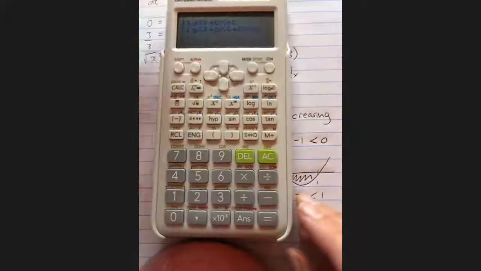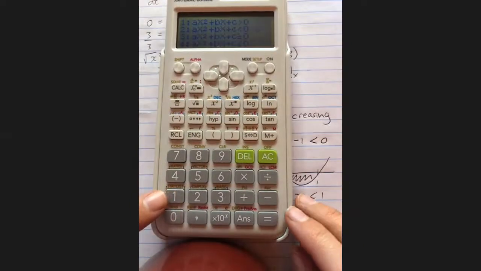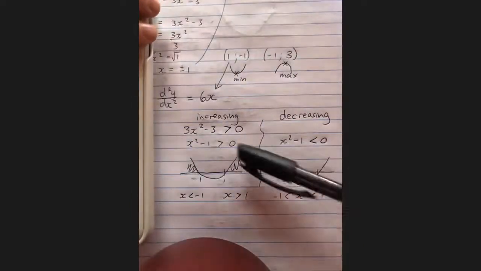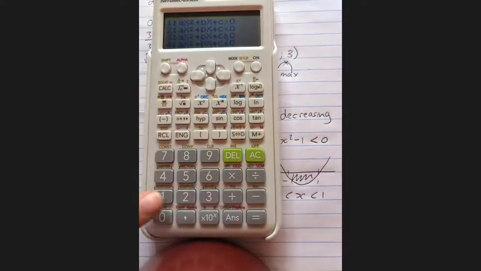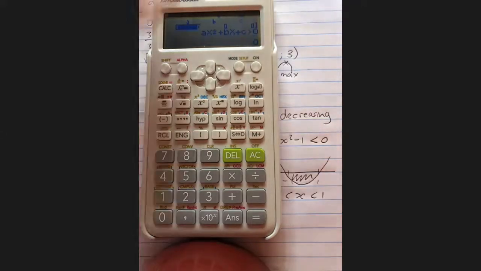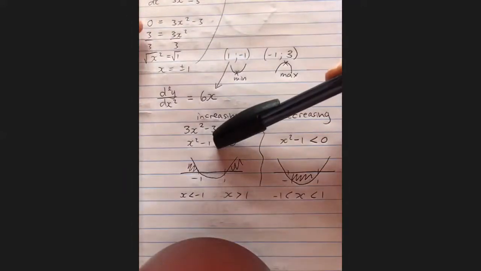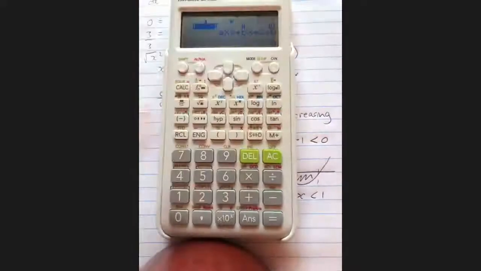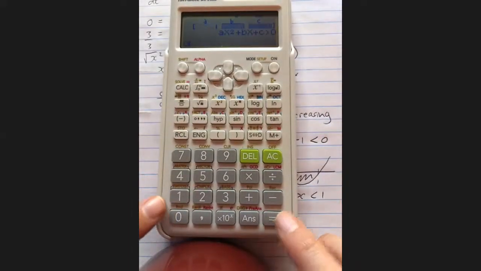So I'm going to choose 1, and one that has bigger than 0. Then remember to type in A, B, and C. If B is 0, like in this case where I don't have an x, then you just type in 0. So type in 1 equals 0 equals -1 equals, and then look at my answers.